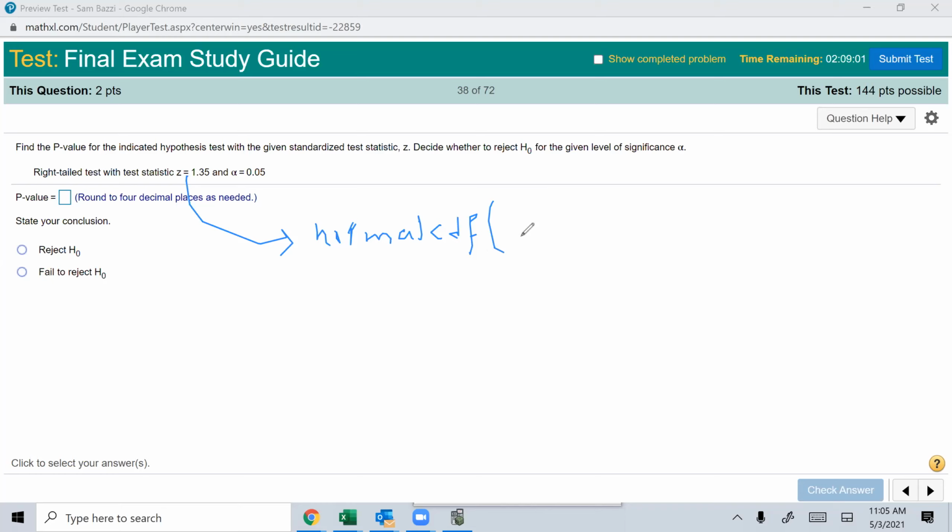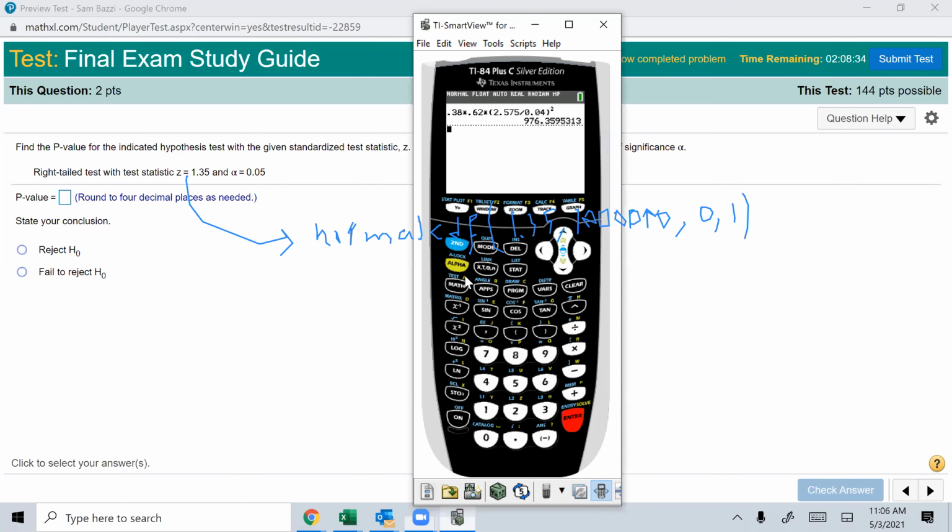So it will be 1.35, up to a million, and then 0, and then 1. Okay, let's see what that would be. And if it was to the left of Z equal 1.35, then you start at negative 1,000,000.